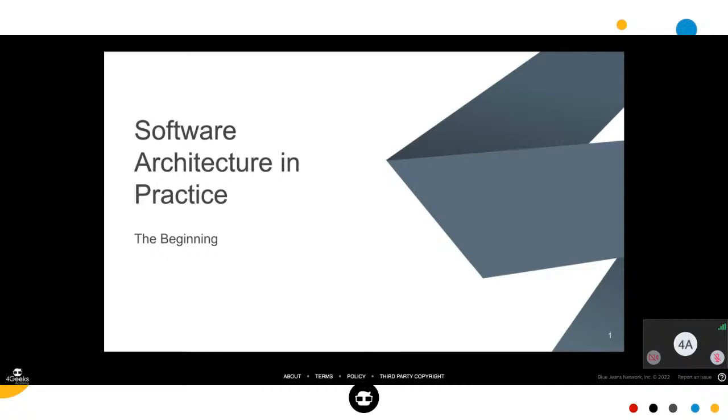The idea is to introduce the concepts of software architecture. It's a beginning, an introduction. We are going to see many concepts and definitions at a high level. Then, as homework, you can research a little more about that.